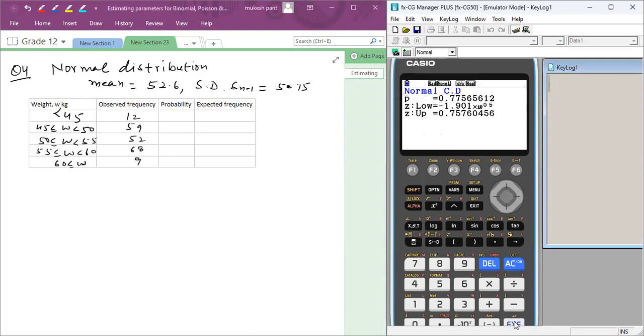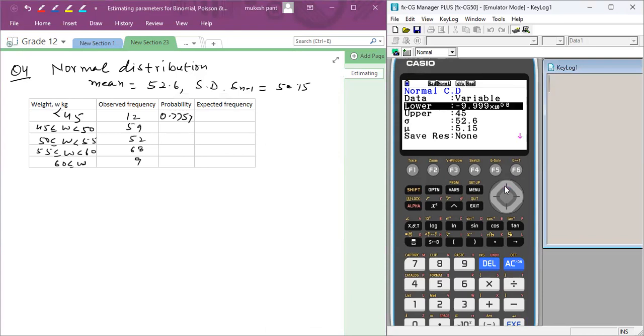We get 0.7757, so we write the probability equals 0.7757.